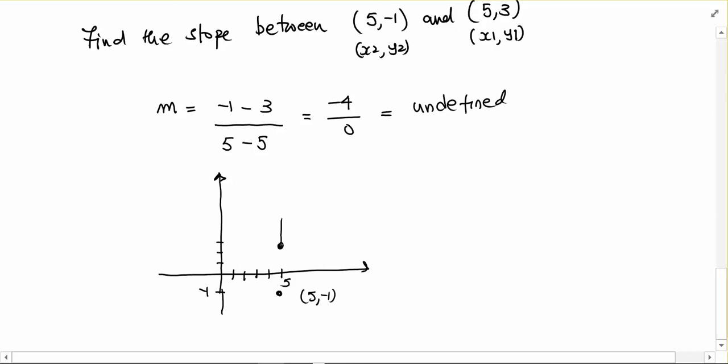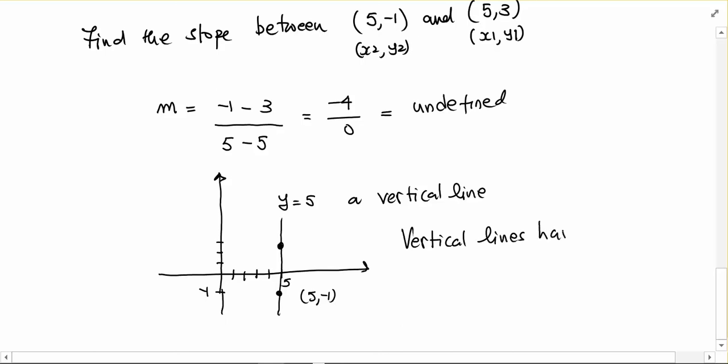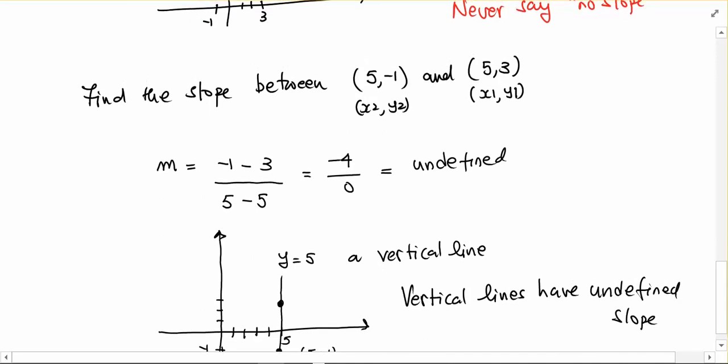So this is a vertical line. This is the line x equals 5. A vertical line. Vertical lines have undefined slope. So if the slope is undefined, you know it's a vertical line.